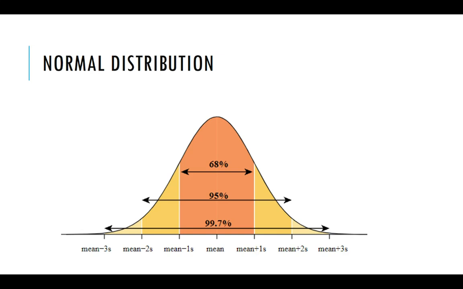We see that if we look plus and minus 1 standard deviation from the mean, we have 68% of our observations. If we look 2 standard deviations from the mean, plus and minus, we have 95% of our observations, and 99.7% of our observations will fall plus or minus 3 standard deviations from the mean.